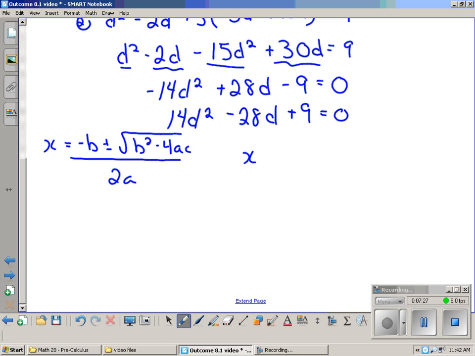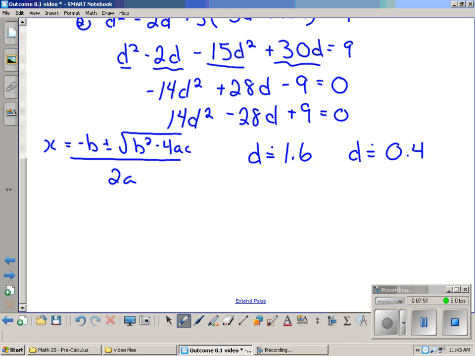I will accept decimal values because it's a word problem. So we end up with two different values. Sorry, I don't have x, I have d. Two values for d. d can be approximately equal to 1.6, or d can be approximately equal to 0.4.